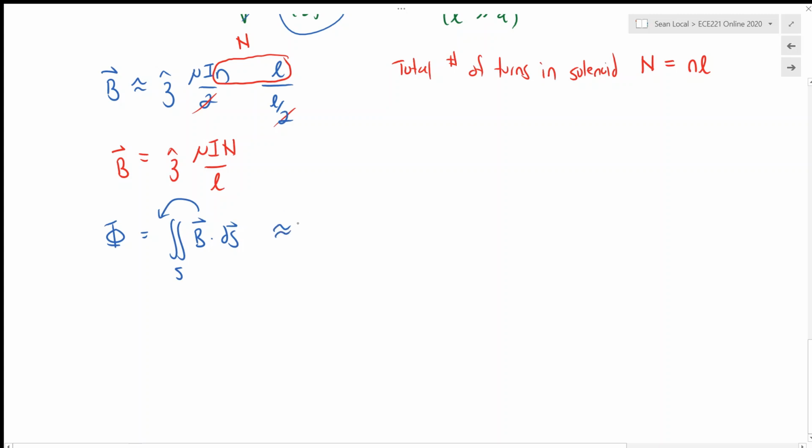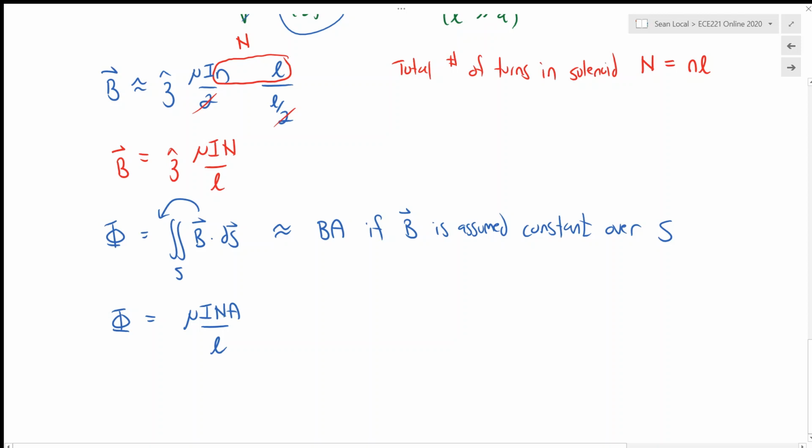And we can simplify this as B times A if B is assumed constant over the cross-sectional area S. Okay, and A is going to be whatever that cross-sectional area happens to be. So we can now write our total magnetic flux as mu I n times A over L. And that is our final result for the magnetic flux.